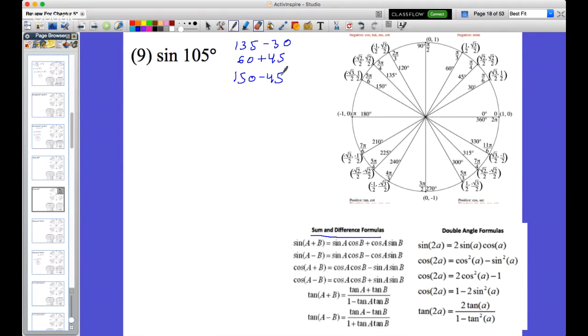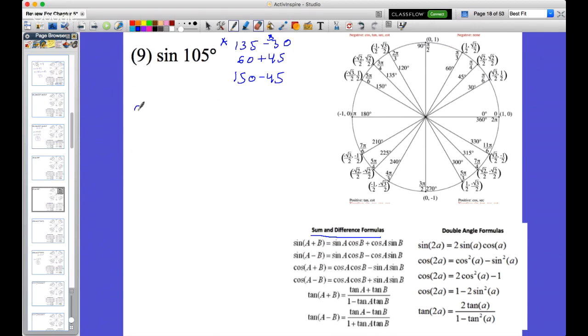So usually when I see 105, 60 and 45 popping in my head first, but I don't think we've done a sine subtracting one yet. So let's do that one. Let's do 150 minus 45. Or 135 minus 30. That might have been someone's easier one. So that means I'm going to say that angle A is 135 and angle B is 30.